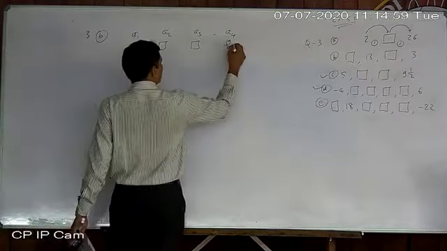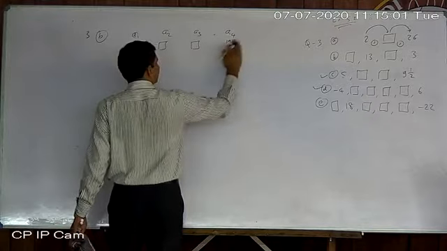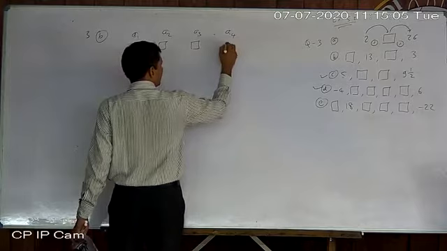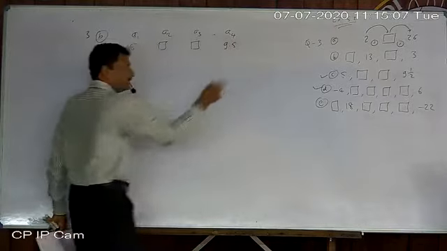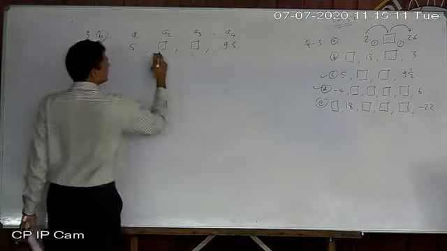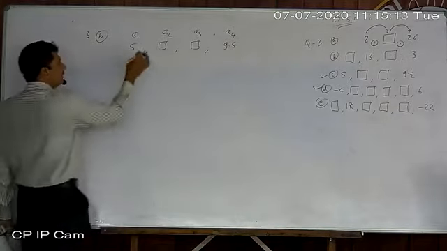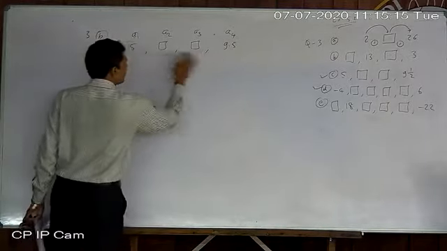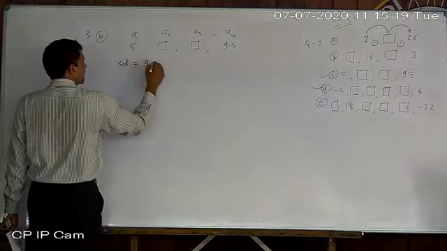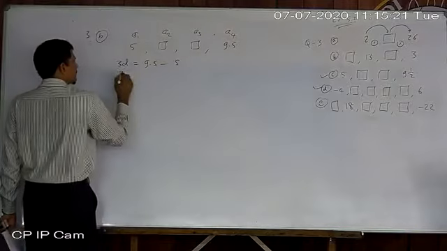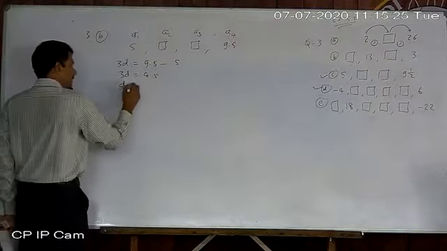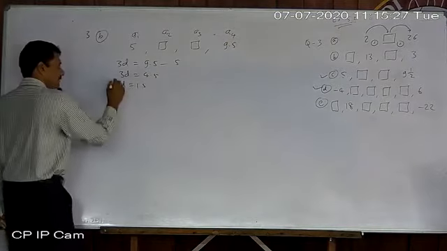Suppose I want to convert: 19 by 2 means 9.5 only. 9 and a half means 9.5. Now look here, 3d are there. Why 3d? 3 gaps or 3 commas in between. So 3d equals 9.5 minus 5. So 3d equals 4.5. So d equals 4.5 upon 3, 1.5.